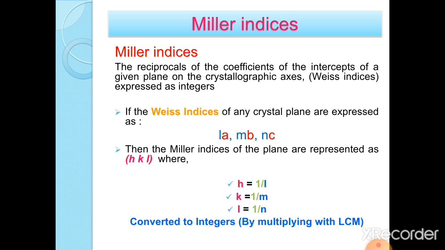If the Weiss indices of any crystal plane are expressed as la, mb, nc, then the Miller indices of the plane are represented as hkl, where h is equal to 1 by l, k is equal to 1 by m and l is equal to 1 by n, which are converted to integers by multiplying with LCM.